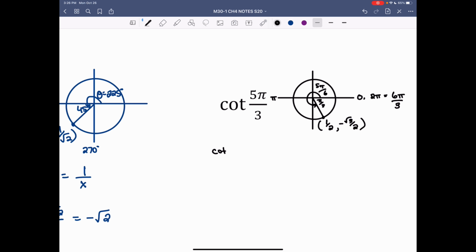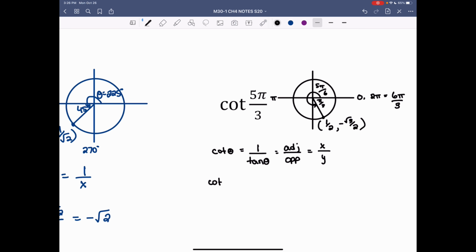Then cotan theta equals 1 over tan theta, which equals tan is opposite over adjacent, so 1 over tan is adjacent over opposite, which for the coordinate points is x over the y.